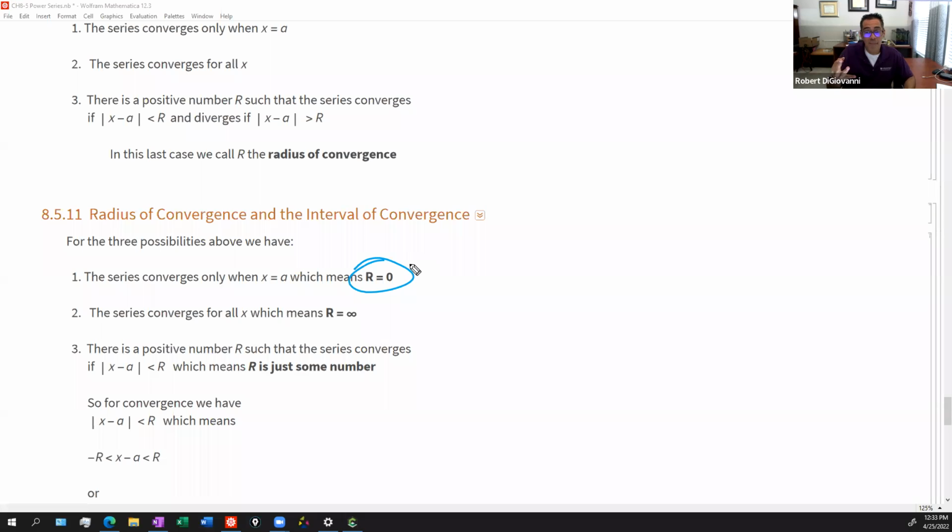In our third example, it was all real numbers, right? Both directions forever. So we would say the radius of convergence is infinity. And then whenever you get an interval, the radius of convergence is always going to be this number, but you have to get this thing set up. When you do the ratio test, you're going to get an absolute value of x minus a less than capital R. That number R is your radius of convergence. R is just going to be some number.